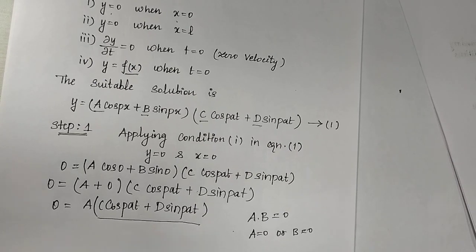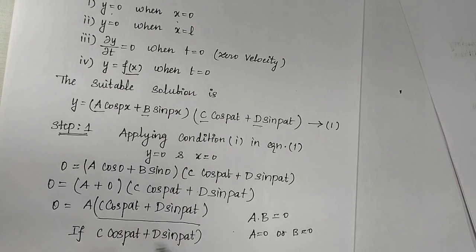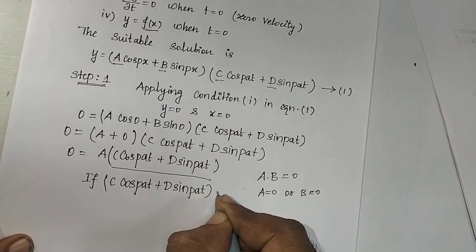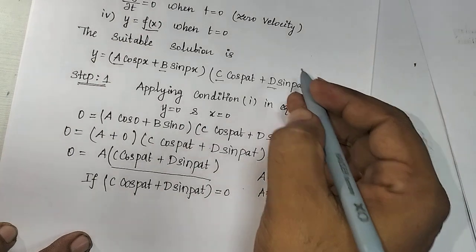So a·b. Here I am taking, for example, if this entire term c cos pat + d sin pat is 0, I am going to put it in our equation 1.